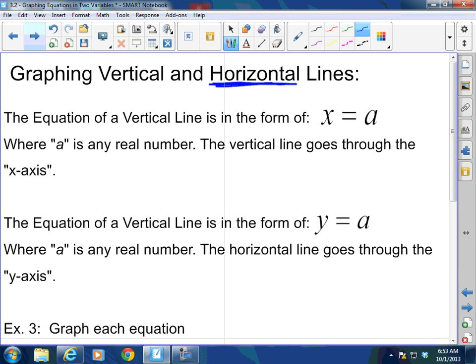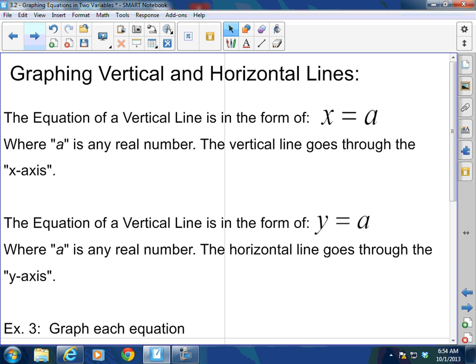The horizon is going this way, left to right. Vertical is the opposite. It's going up and down like a column. So horizontal is flat, left to right, and that's the x-axis, and vertical is going up and down. That's the y-axis.